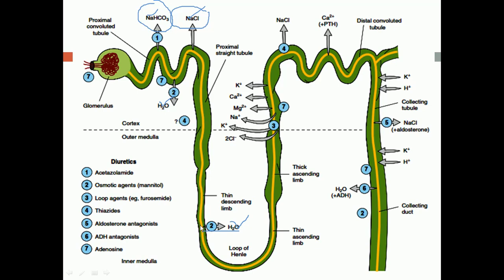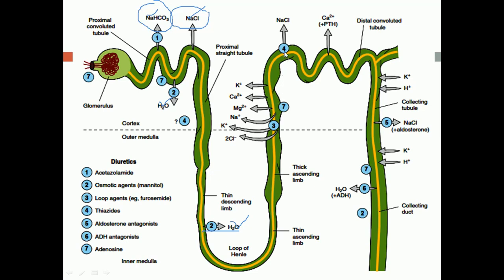Then osmotic agents act on the loop of Henle, while loop diuretics, which are called furosemide, important for you, act on the thick ascending limb of the loop of Henle.